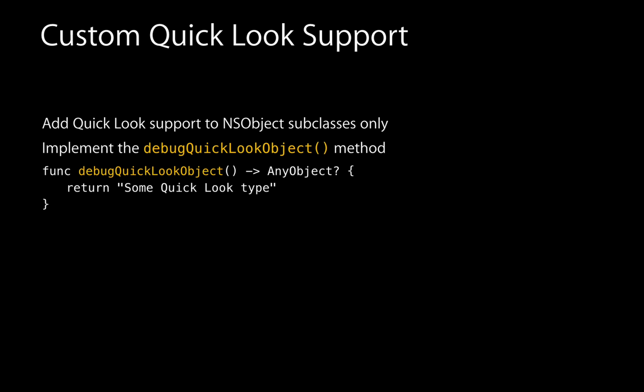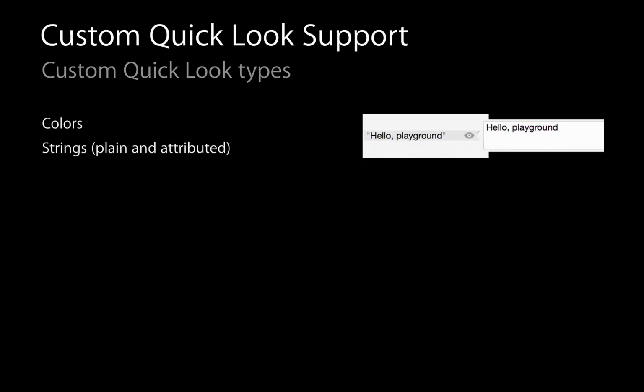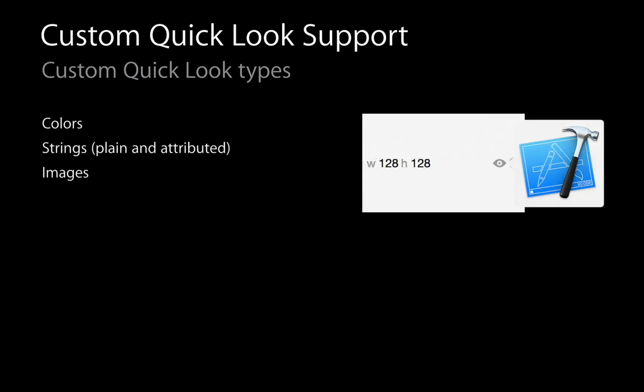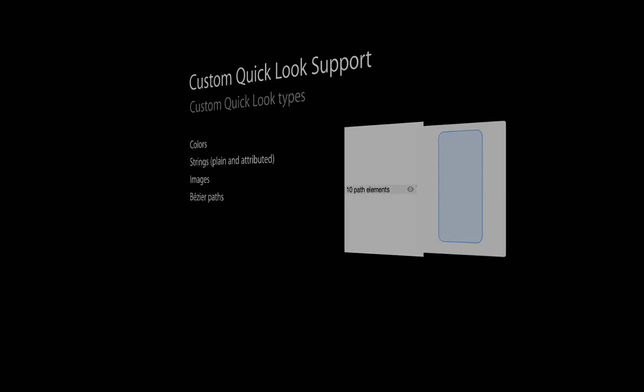And you're going to return the value that you want to represent your object as its quick look. So right now, the values that we support here are colors, strings, both plain and attributed, images, and Bezier paths. So for your custom quick looks, you can use any of these types. So let's try it out.